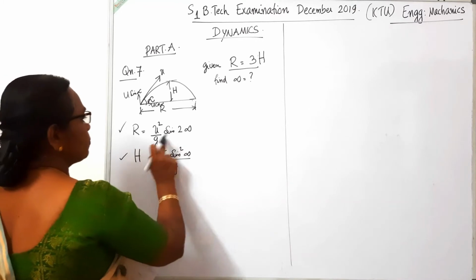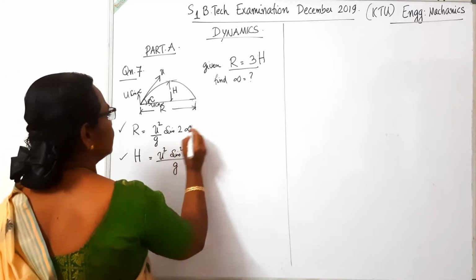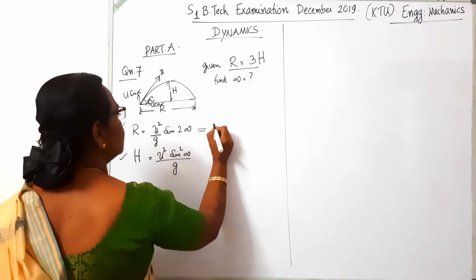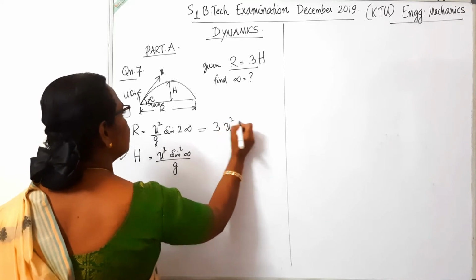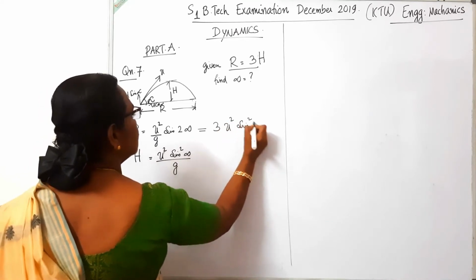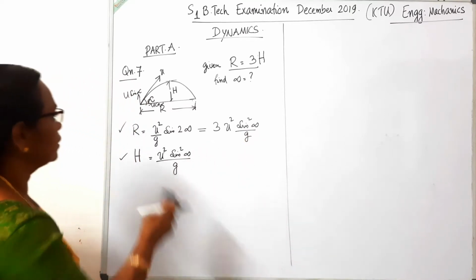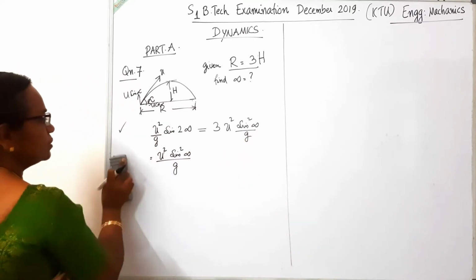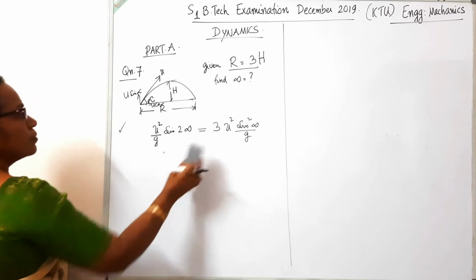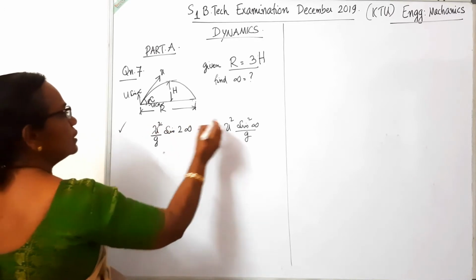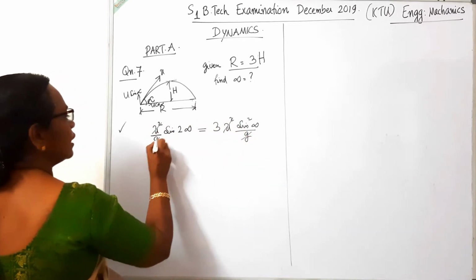R is equal to 3h. Substitute: u square by g sin 2 alpha is equal to 3 times u square sin square alpha by 2g. First u square gets cancelled, g gets cancelled.